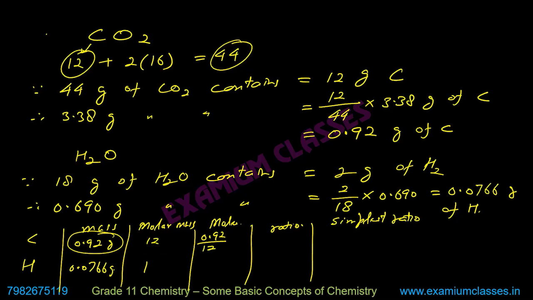You can write atomic mass here, because this will always be atomic mass. For hydrogen it will be 0.0766 divided by 1. When you solve this, it will be 0.0766, and this will also be 0.0766. Approximately the same, meaning the simplest ratio is 1:1.